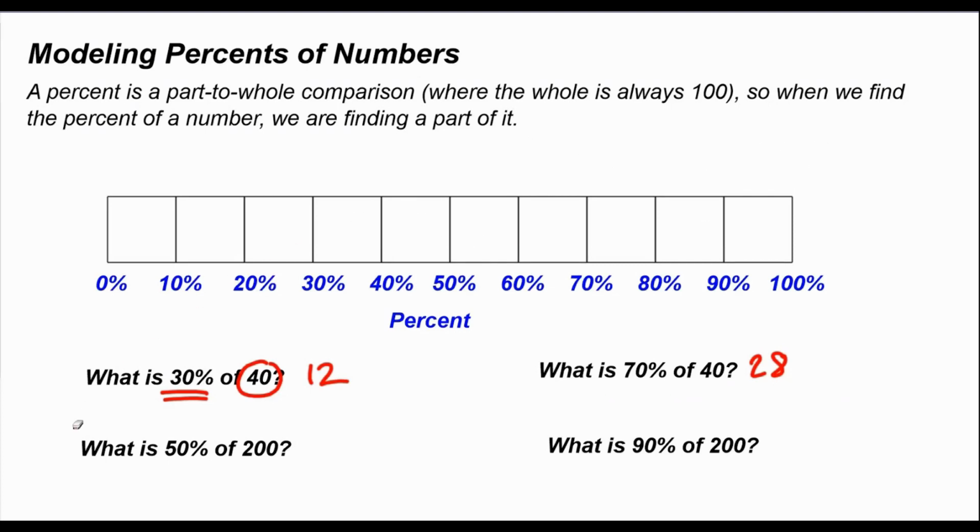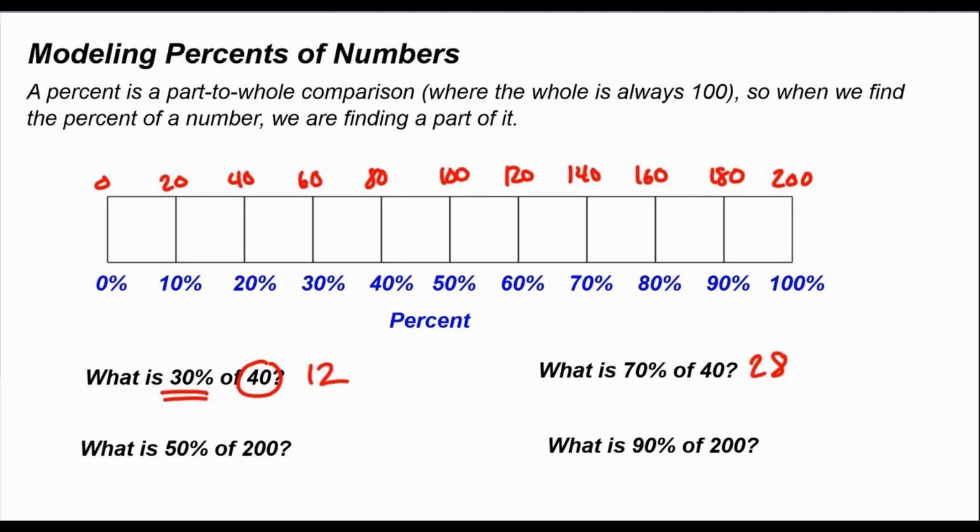So let's answer a couple more here. What is 50% of 200? Now 200 is the whole amount that I'm finding a percent of. So I'm going to divide my 200 into 10 equal parts, and each part would be 20, 40, 60, 80, 100, 120, 140, 160, 180, and then 200.